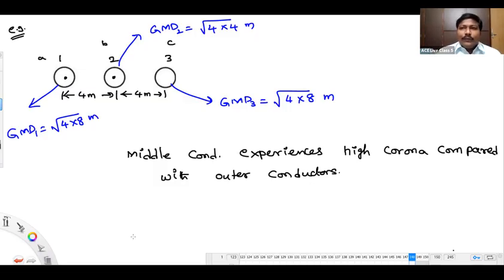So I'm moving to the next slide, to take up the next heading, that is double circuit transmission lines.